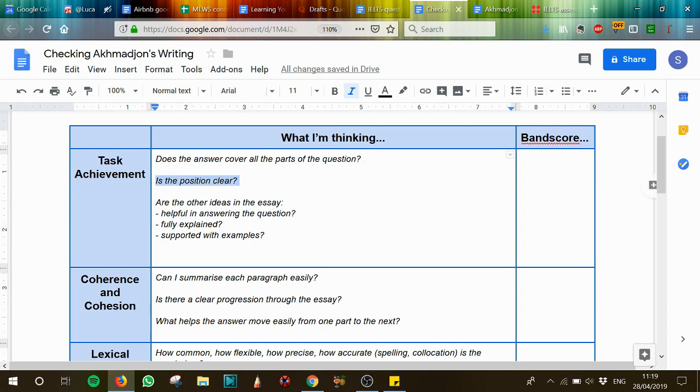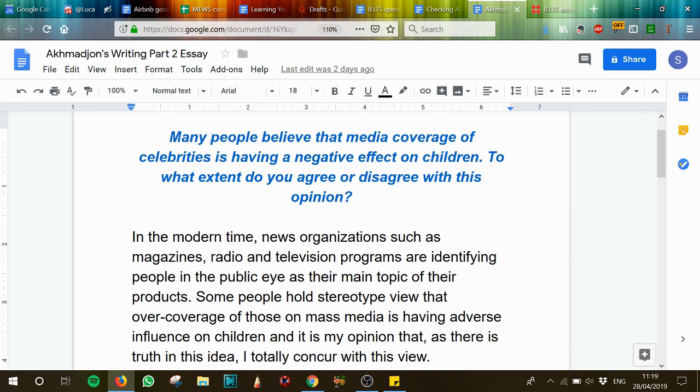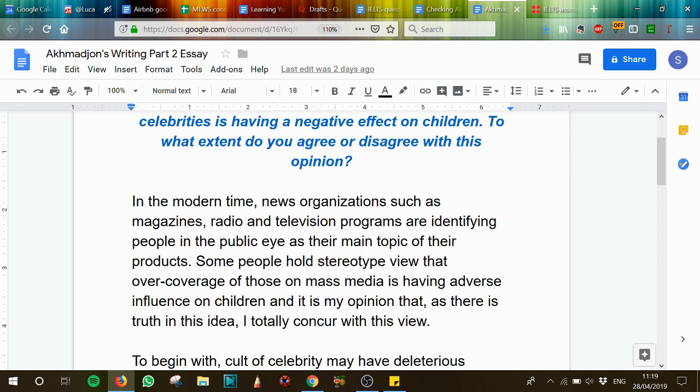Secondly, is the position clear? So this means it's a clear yes or a clear no or a clear maybe. Whatever the position is, it must be clear. I must be able to say, Akmajon thinks that, and be confident when I complete that sentence. Now, I think I can very confidently say Akmajon thinks that media coverage of celebrities is having a negative effect on children.